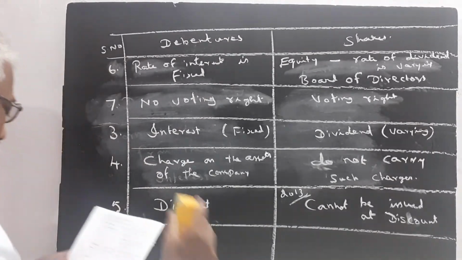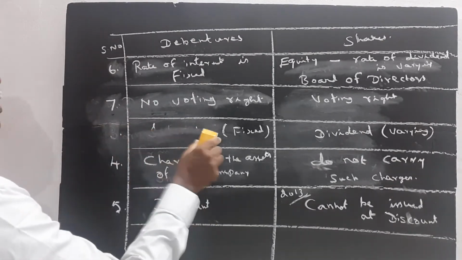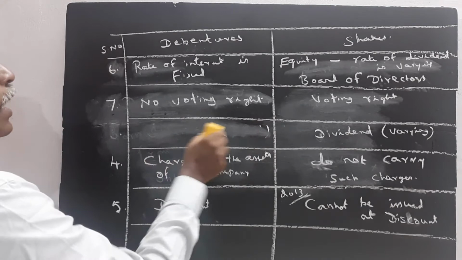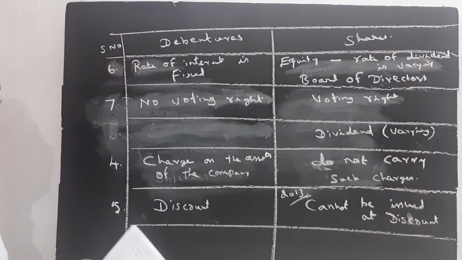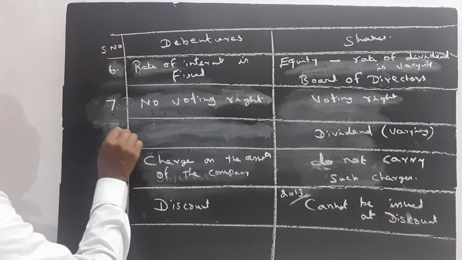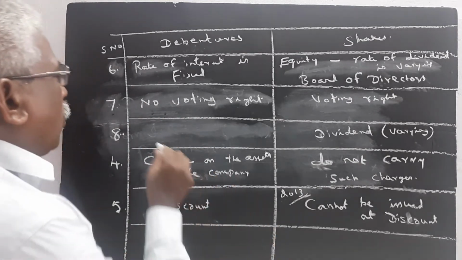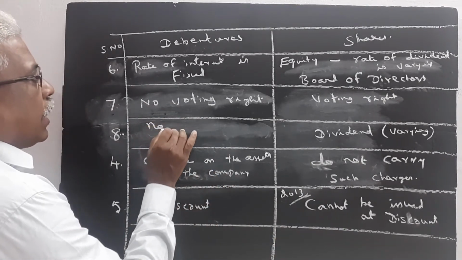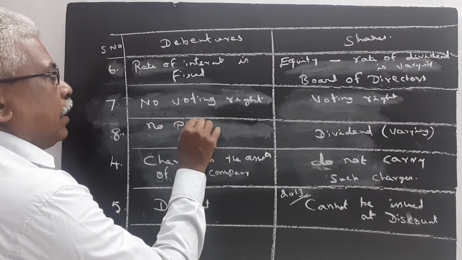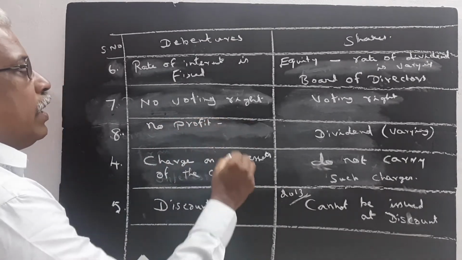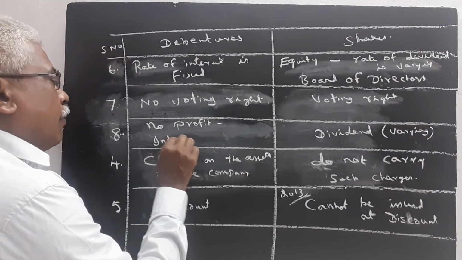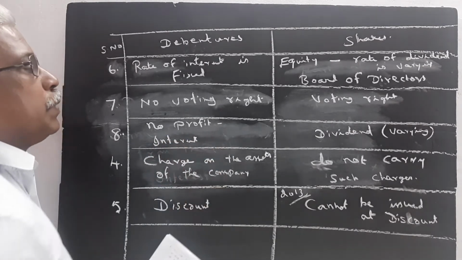Then eighth point. Already we studied the debenture holders are entitled to get the interest. If the company does not earn any profit, the interest must be given.